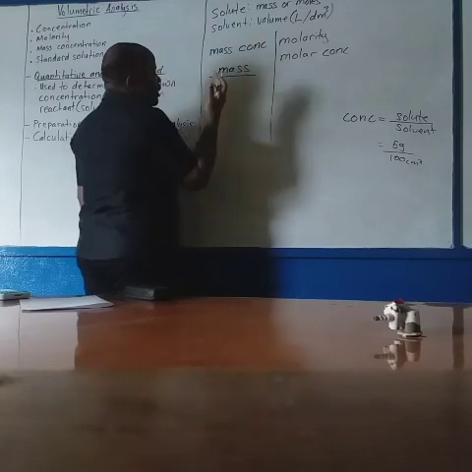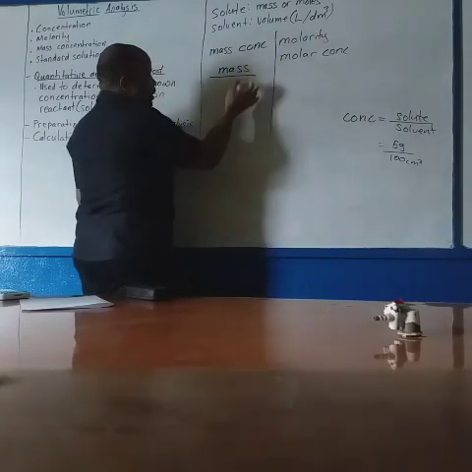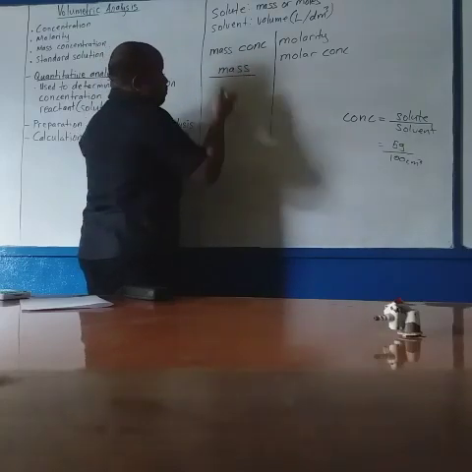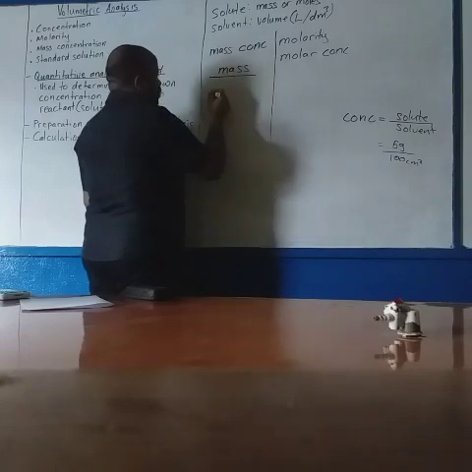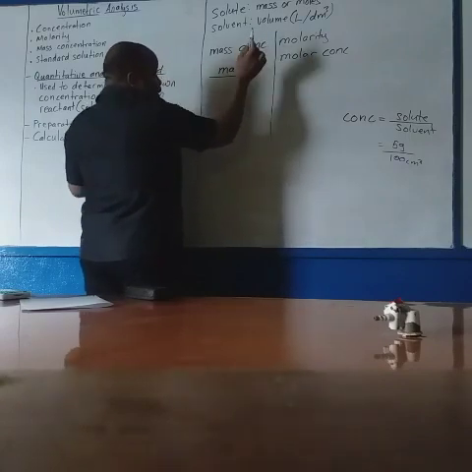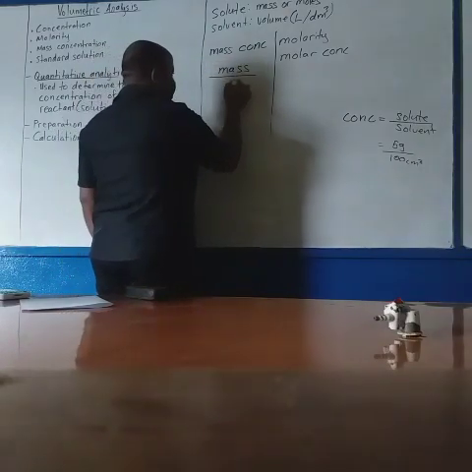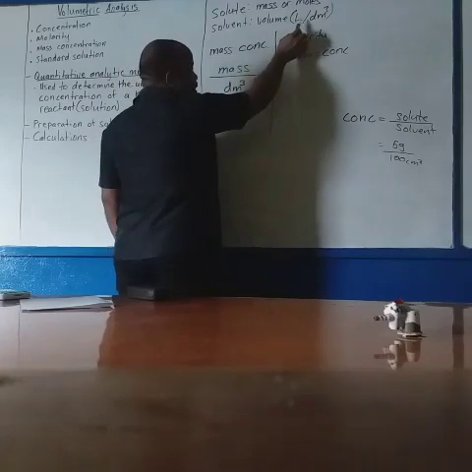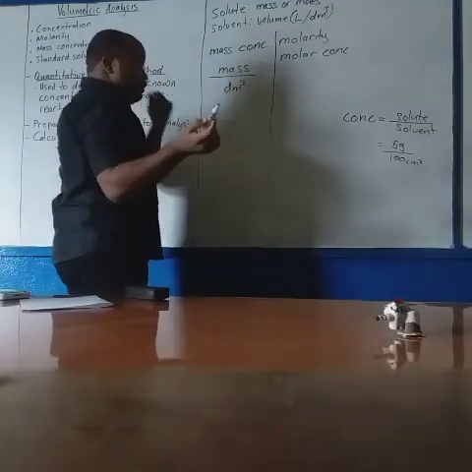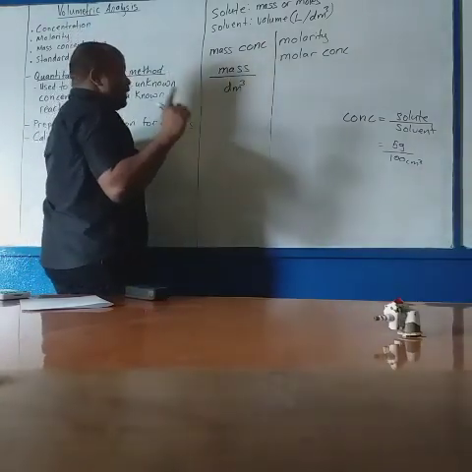And remember, concentration is solute over solvent. The solute in this case is mass, and the solvent, of course, is a volume because it's liquid. And the unit for the volume is liter or dm cube. We'll be using dm cube. The value of liter and dm cube, they are the same. So 1 liter is also 1 dm cube.